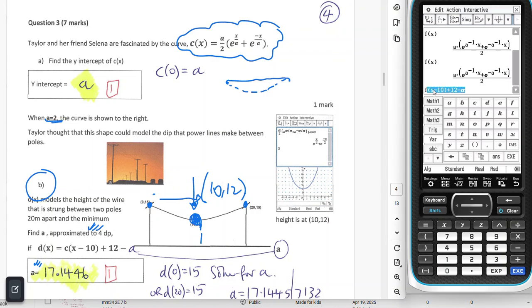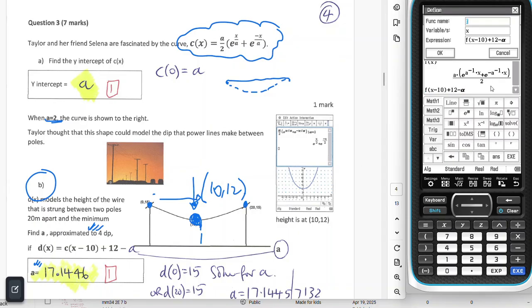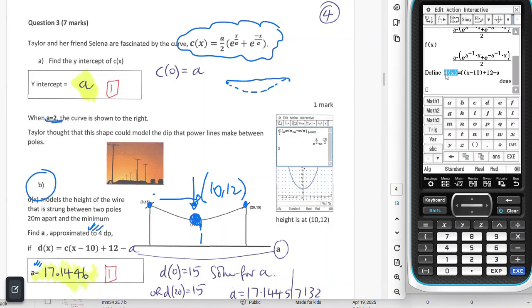And I could define it. And I'll define this as d of x. So instead of using f, I'll use d. And I'm interested in d of 0 equaling 15, and solve for a.